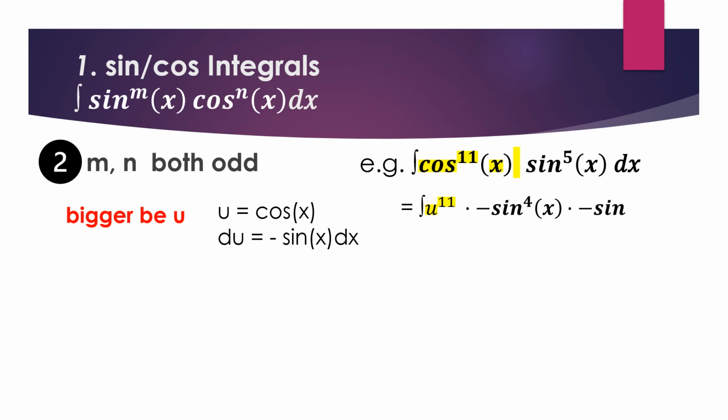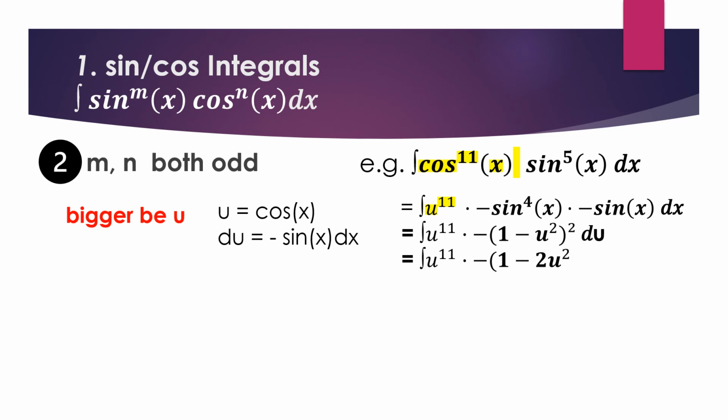We'll have integral u to the 11th times. Here we will be very careful that there is a negative for the du. So we'll put another negative in front of the sine x to the 4th and times negative sine x dx. And we know sine x to the 4th we can write as 1 minus u squared, squared.